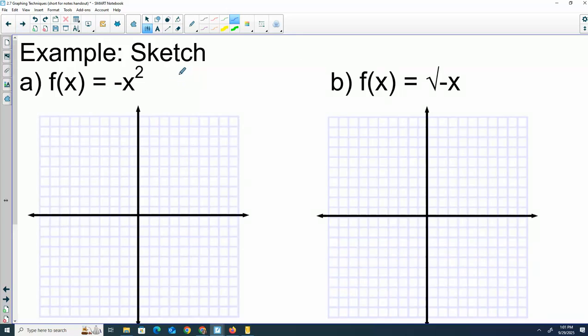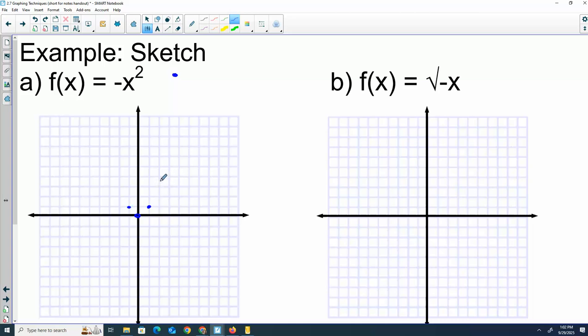On most problems, I'm going to ask you to describe the transformation, graph the parent function, and the final graph. My parent function here is x squared. What does x squared look like? Parabola. 0 squared is 0. 1 squared is 1. Negative 1 squared is 1.